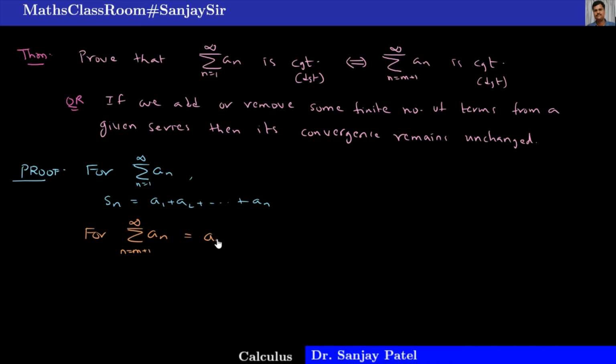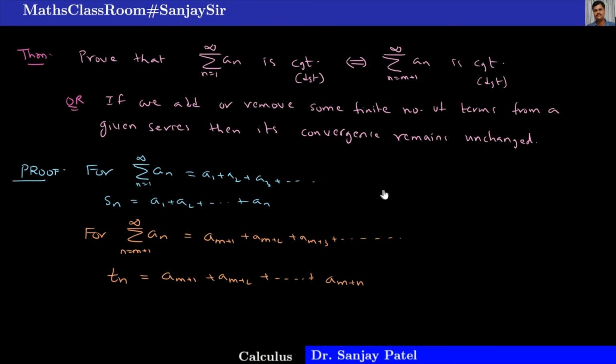This series is actually am plus 1 plus am plus 2 plus am plus 3 and so on up to infinite terms, while the other series is a1 plus a2 plus a3 and so on. So for this second series, the sum of the first n terms we write as Tn, and it is given by am plus 1 plus am plus 2 plus and so on. The nth term is am plus n. Okay, so this is Sn and this is Tn.